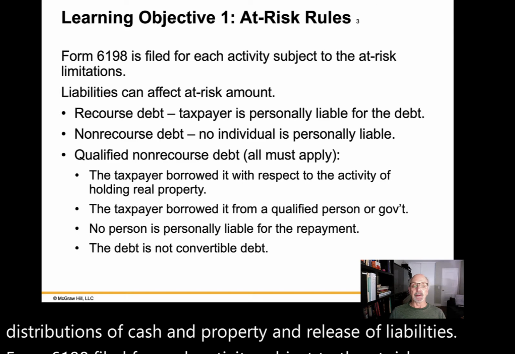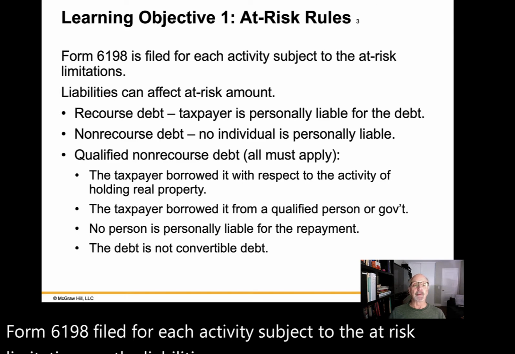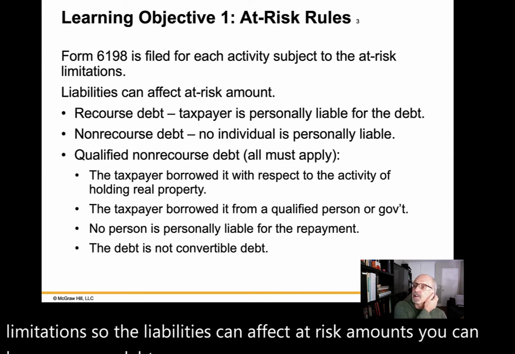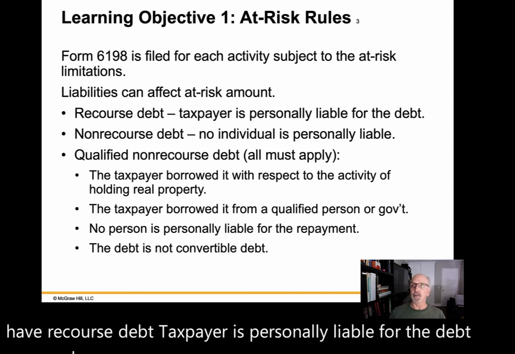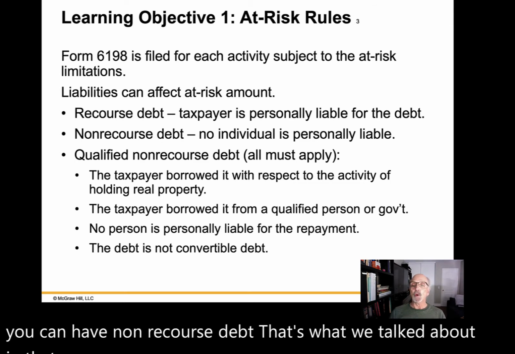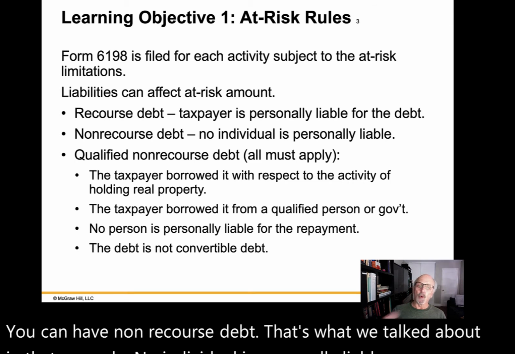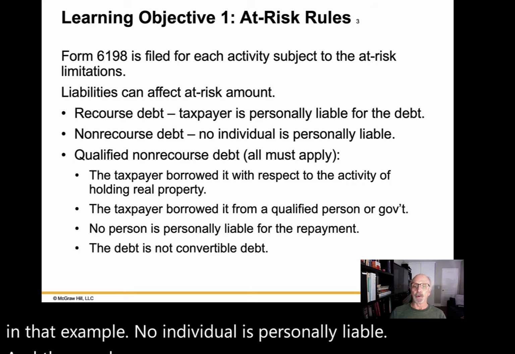So the liabilities can affect at-risk amounts. You can have recourse debt. Taxpayer is personally liable for the debt. You can have non-recourse debt. That's what we talked about in that example. No individual is personally liable. And then we have qualified non-recourse debt.